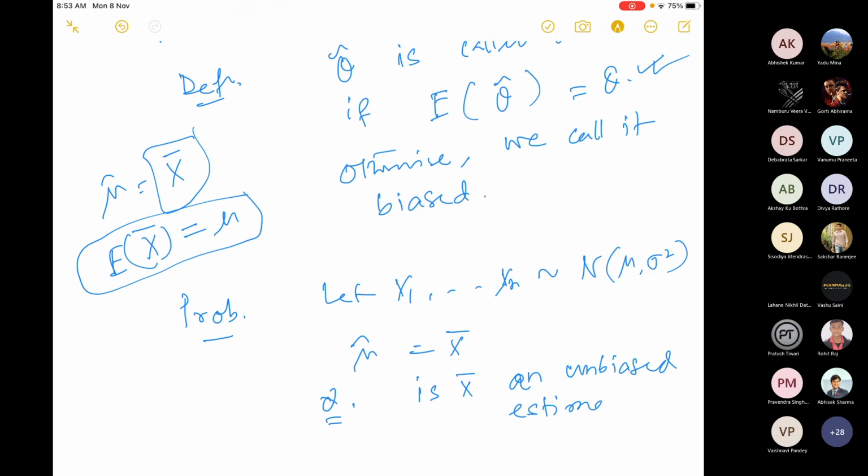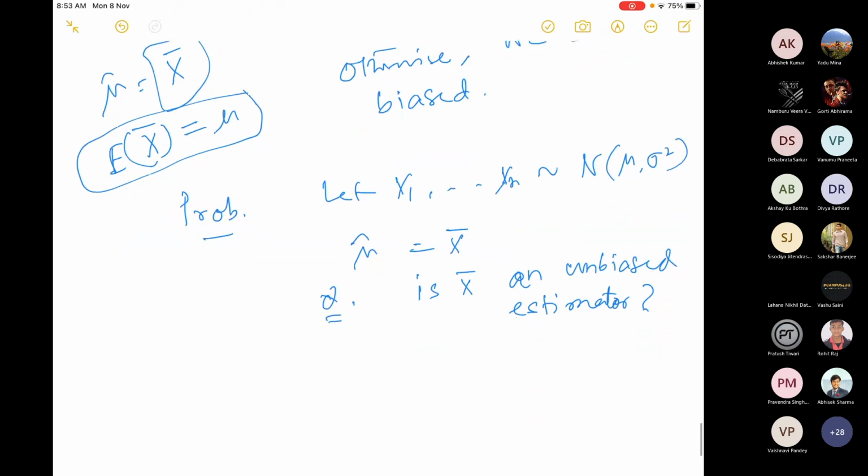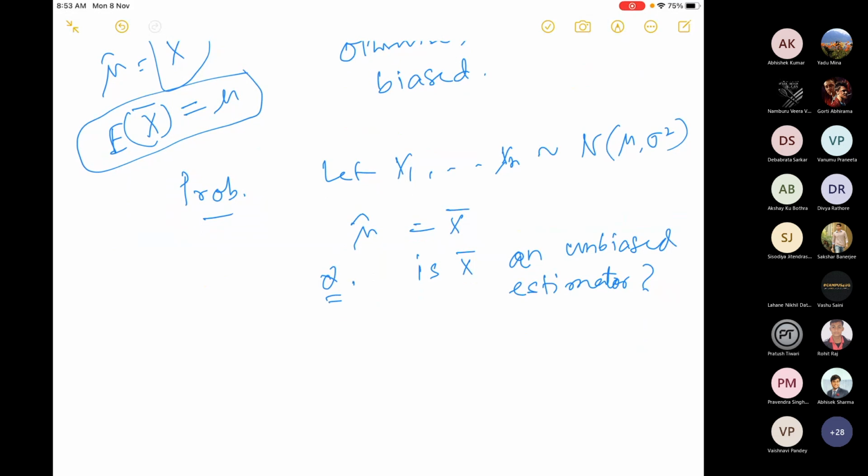What do you think? Who can tell me? It is unbiased, yes, because the expectation of x bar is mu. We discussed this before.